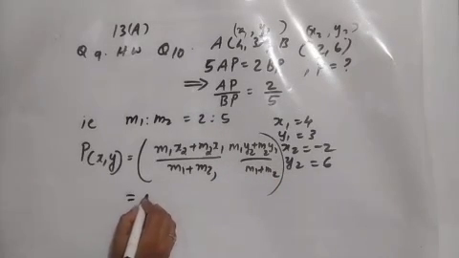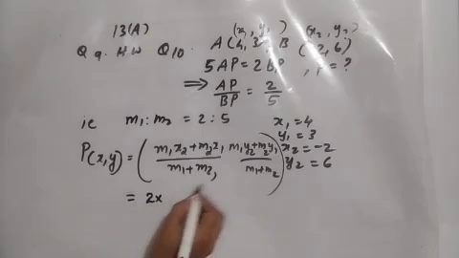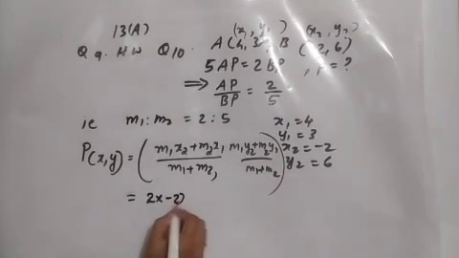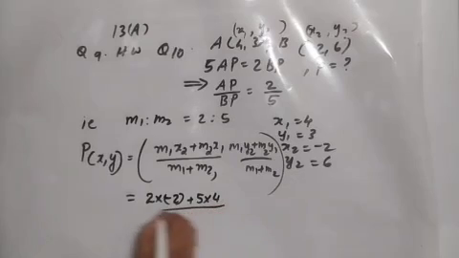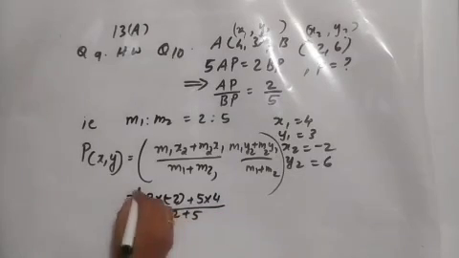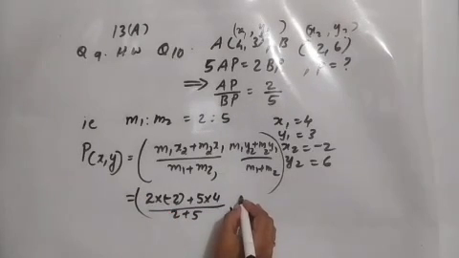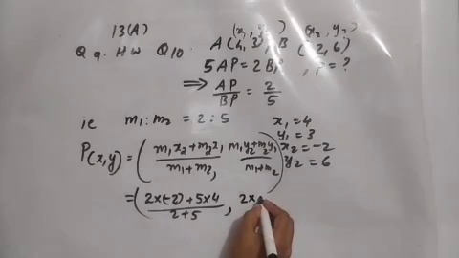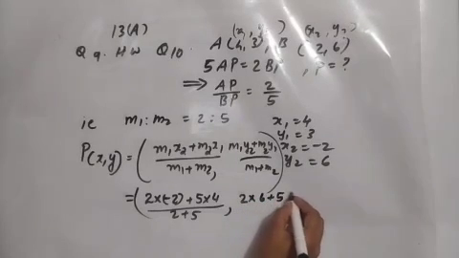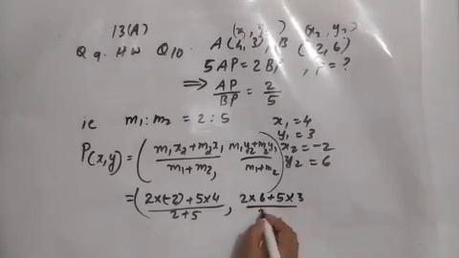Let us substitute the values. 2 into minus 2 plus 5 into 4 by 2 plus 5, and the next is 2 into 6 plus 5 into 3 by 2 plus 5.